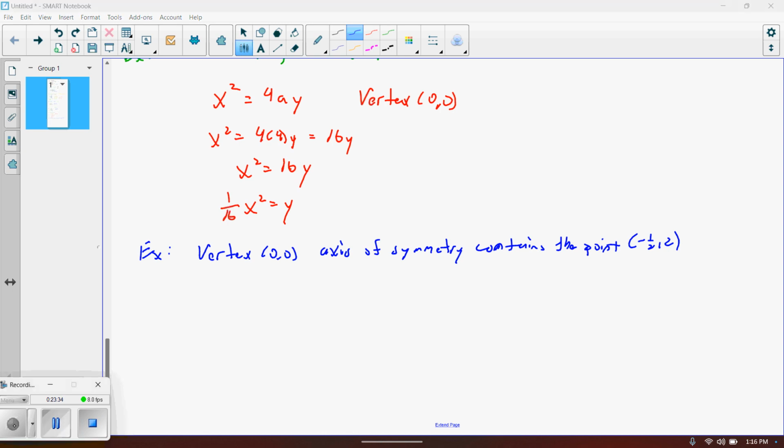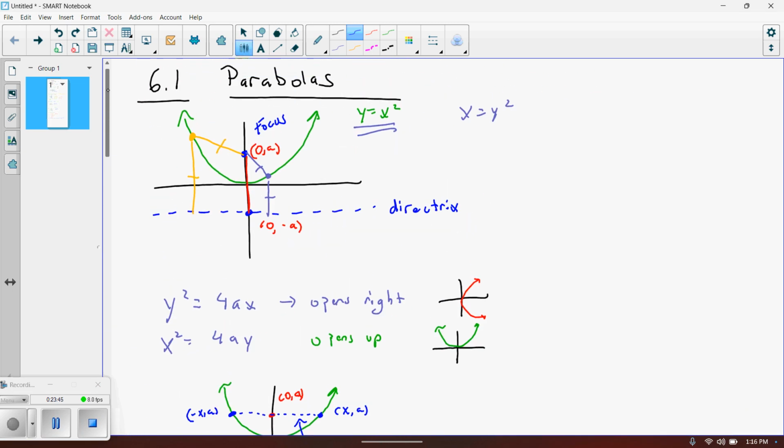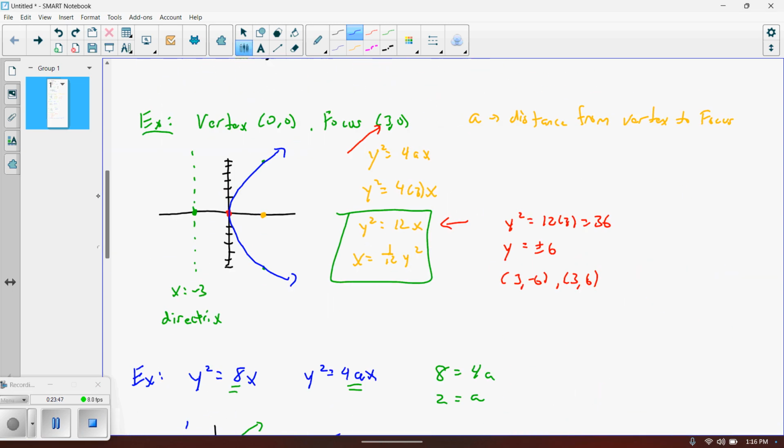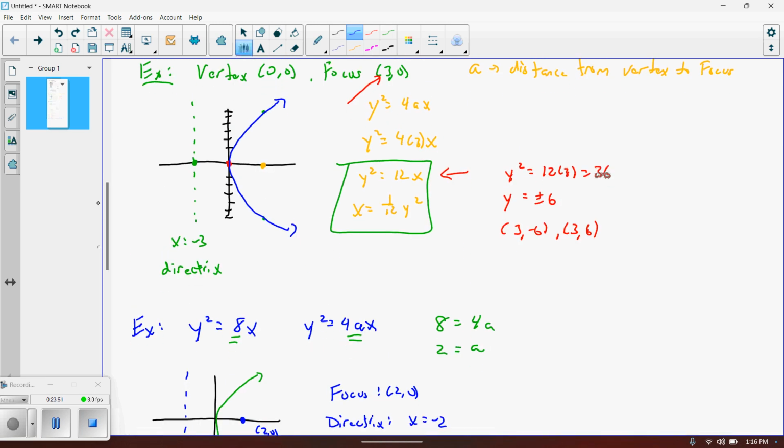One thing I did forget to mention, I apologize, back when we first started doing the graphs of these things. I'm going to scroll all the way back up. The axis of symmetry, let's go with the first one we did here. All parabolas have an axis of symmetry, which basically just cuts it in half. Let's do purple for this.